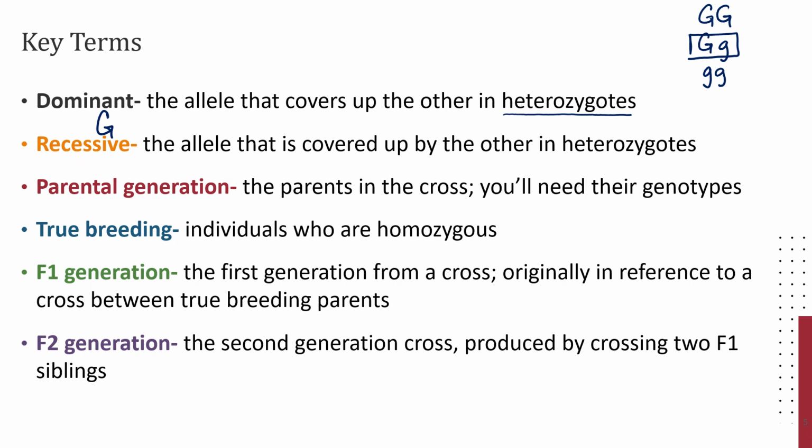So let's say that big G stands for green plants and little g stands for albino plants. If green is the dominant, this means that in the heterozygote individual, they are going to appear green.